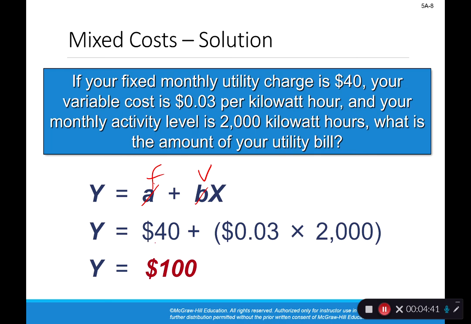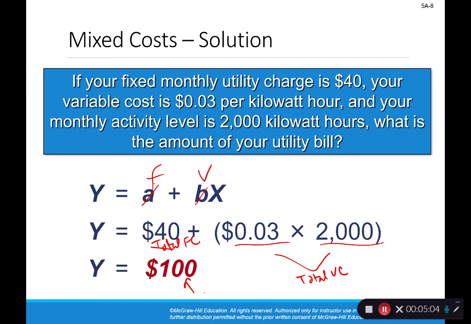F is my fixed cost, which is the $40 monthly cost. V is my variable cost per unit, which is 3 cents. And then my X is my 2,000 actual kilowatt hours used. Do out your math. This represents total variable cost. This is my total fixed cost.